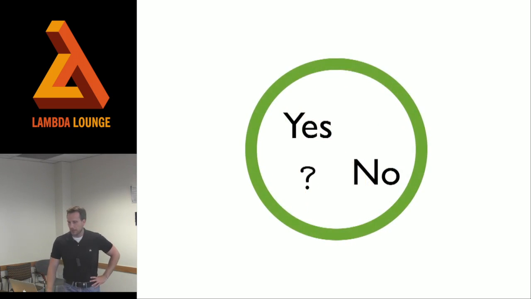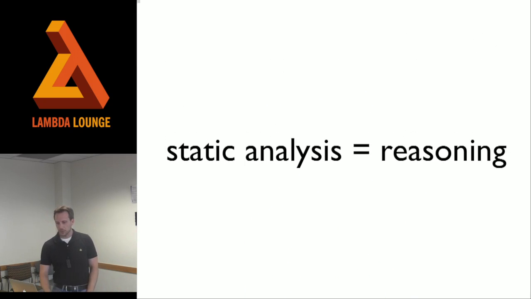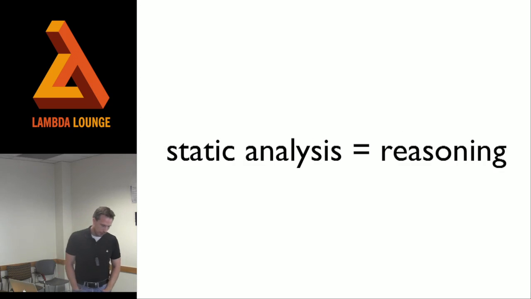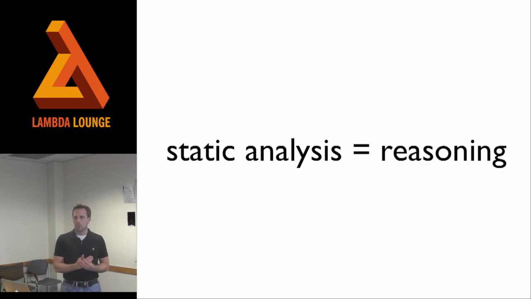But if you're willing to say maybe or I don't know, well, now it becomes a very solvable problem. The simplest analysis for termination would just say I don't know all the time, and that's fine. So as soon as we allow the possibility of saying I don't know, we can actually start to do reasonable reasoning about programs.